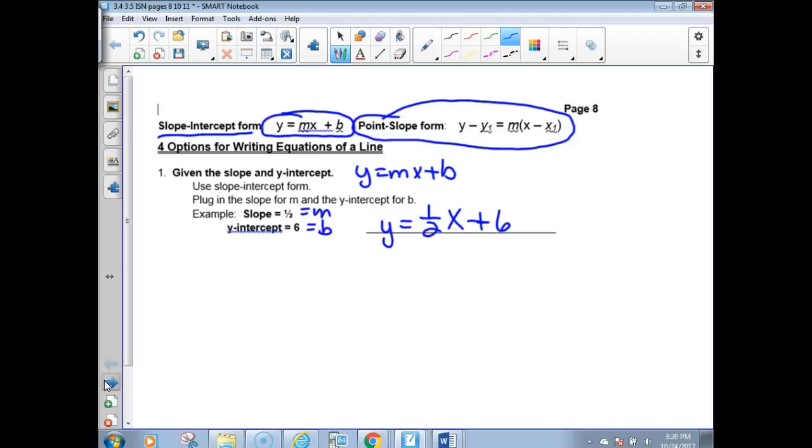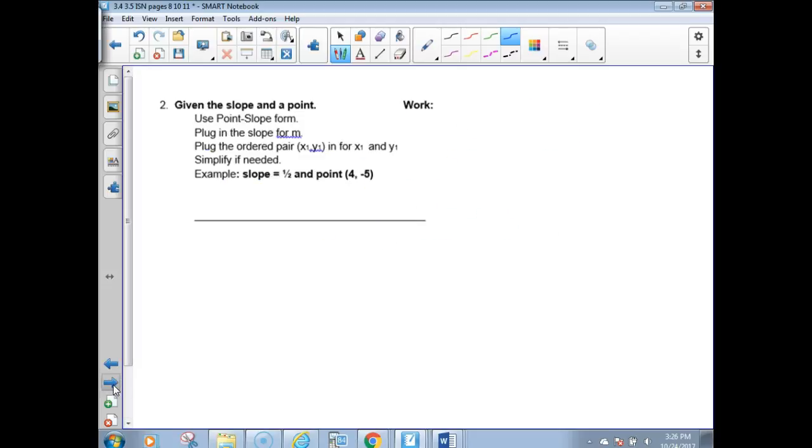Anybody need this still? Okay, since no one said anything, we are ready for the second option. Point slope form is y minus y1 equals m times x minus x1. You plug in an ordered pair for x1 and y1, you find the slope, and you plug that in.